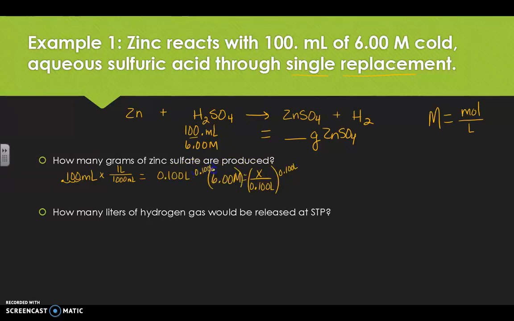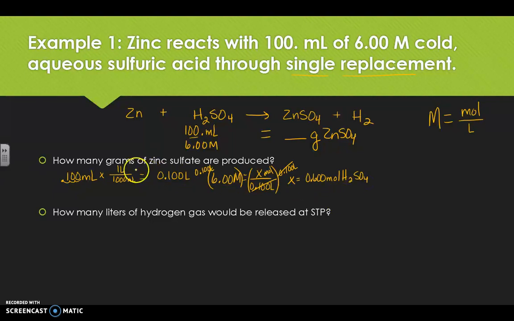So the liters cancel. X, remember, that's moles. So 0.1 times 6, sorry. Okay, so X, which is moles, is going to give us 0.600 moles of H2SO4.